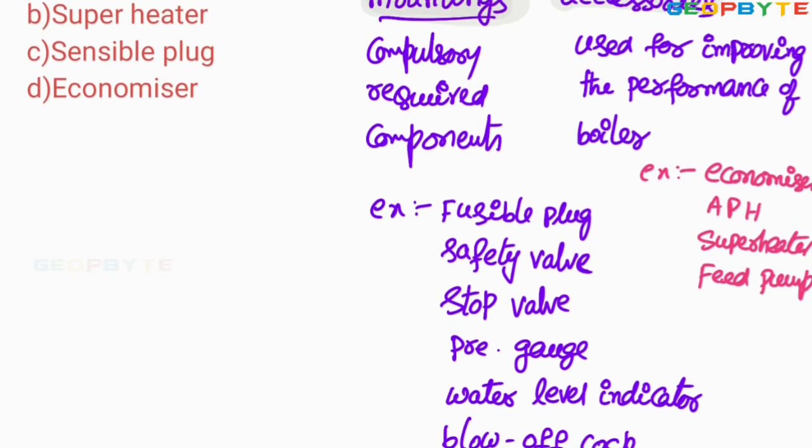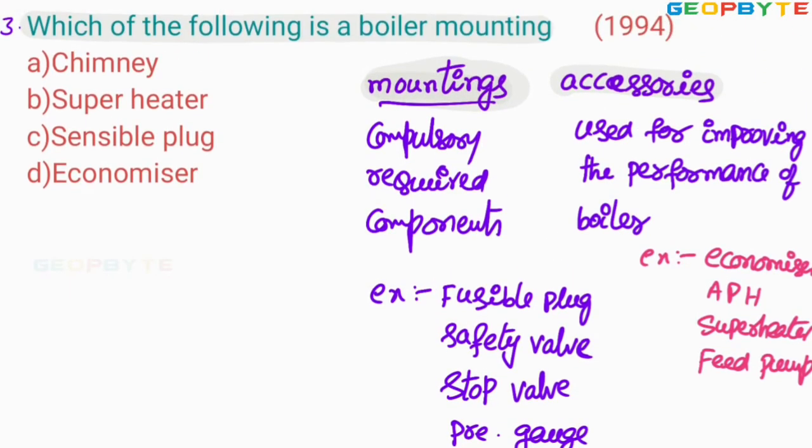Now come to the options. It is asking which of the following is a boiler mounting. Here the chimney is coming under the accessories. Superheater is an accessory. Economizer is also an accessory. Then 'sensible plug' here may be fusible plug.